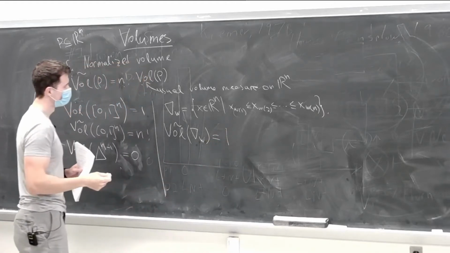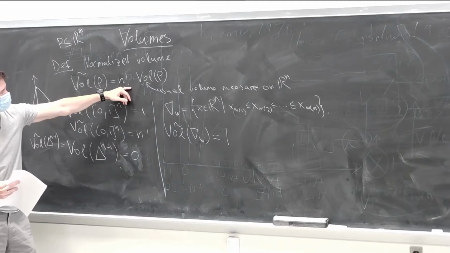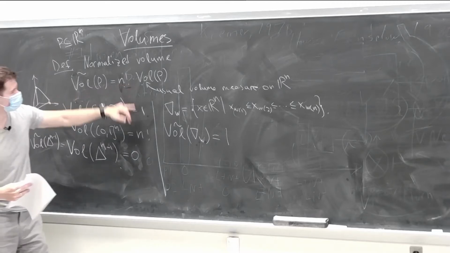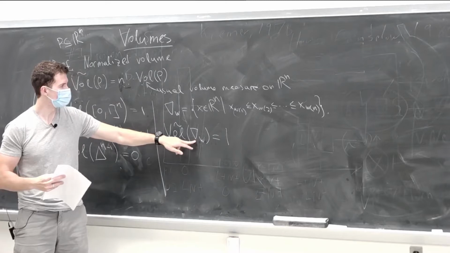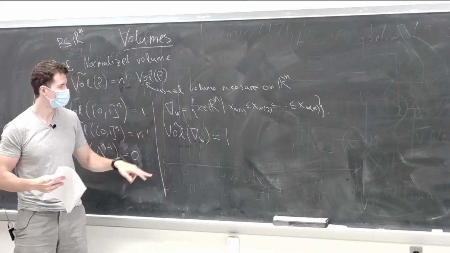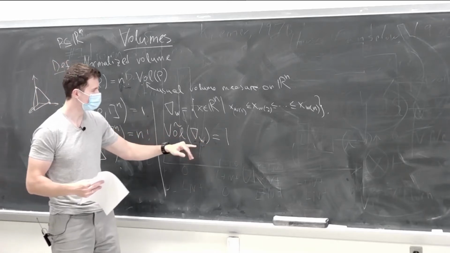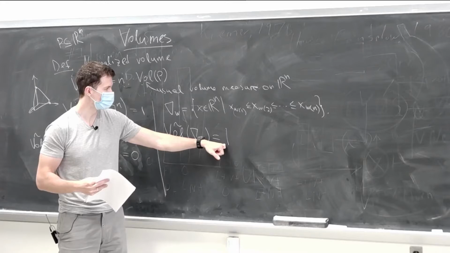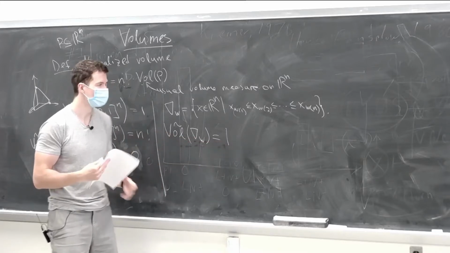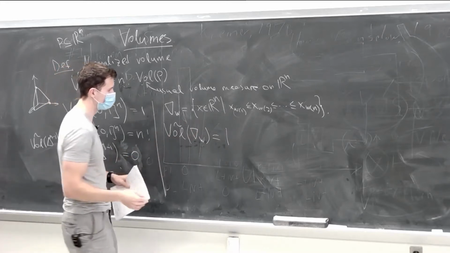Okay, so that's nice. So this normalization tells you the following thing: this is a simplex whose vertices have integer coordinates, and the smallest volume it can have is 0, of course, but if it's non-zero, then the smallest volume is 1.